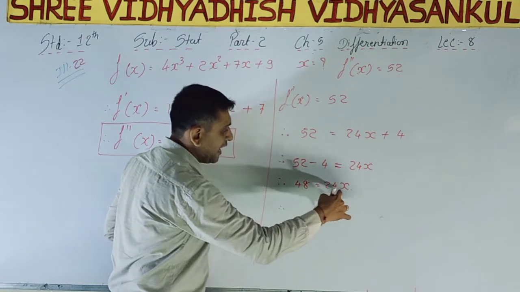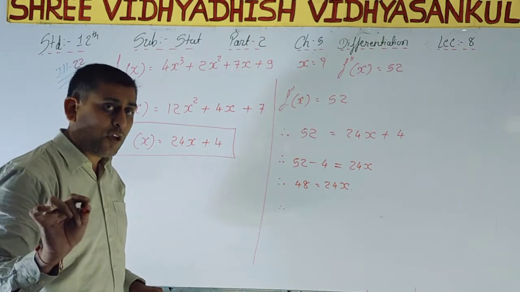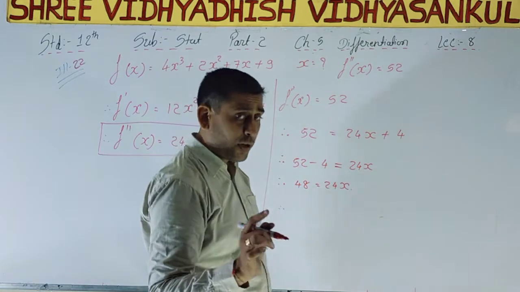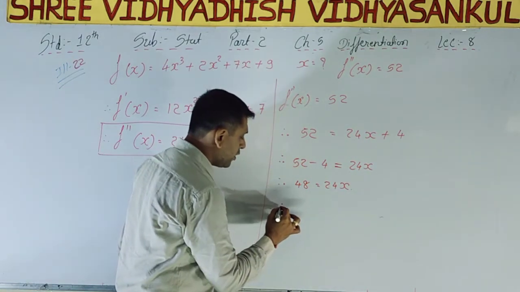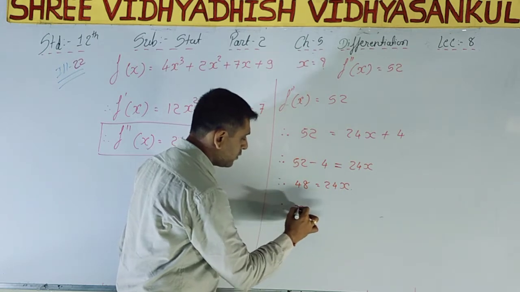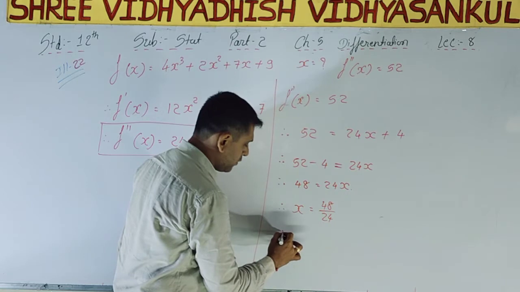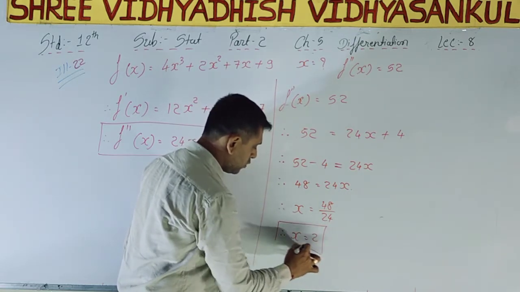Here x is multiplied with 24. To remove that 24, transfer it to the opposite side, then x is equal to 48 divided by 24. Therefore x is equal to 2.